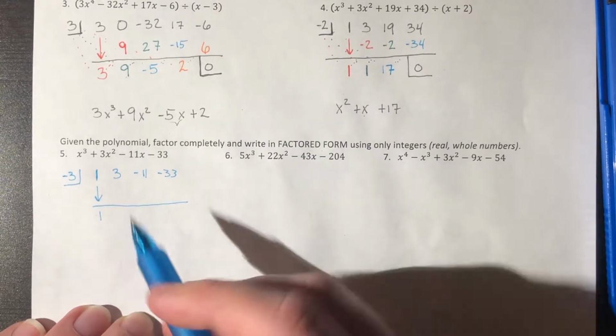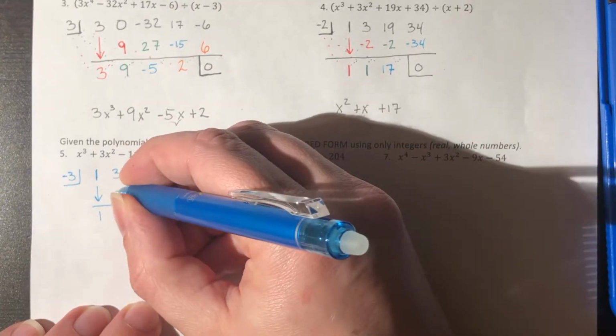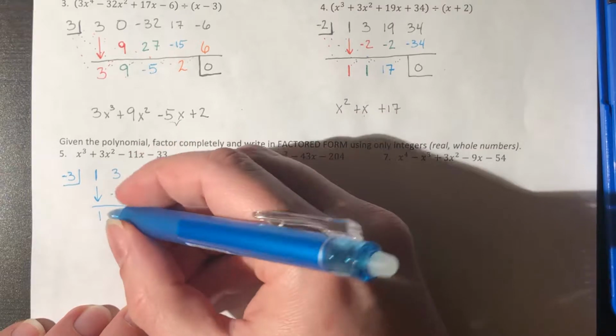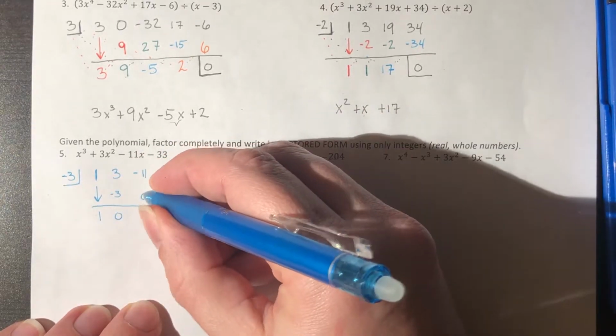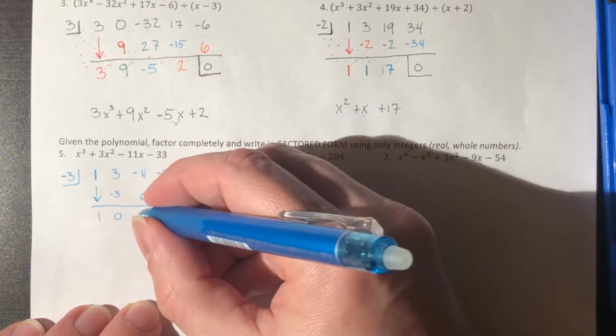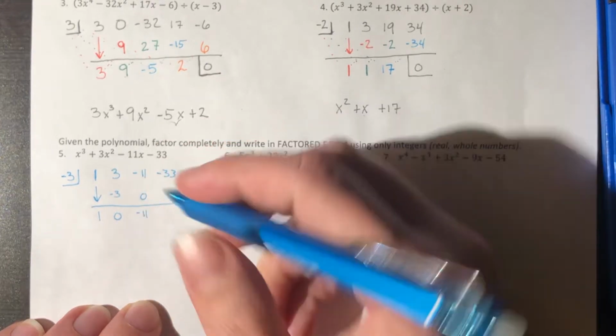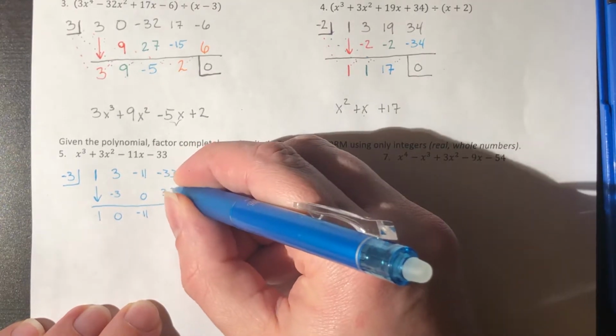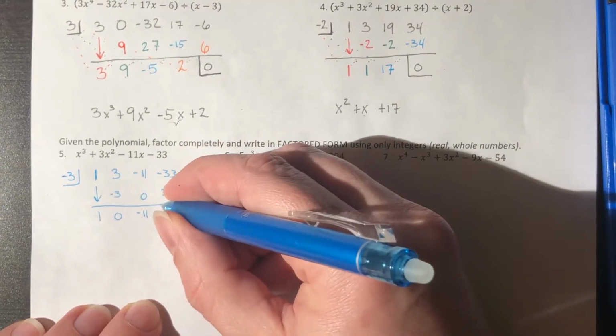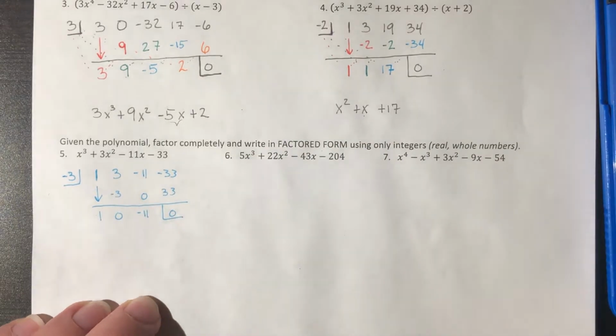So I multiply negative 3 times 1 is negative 3. Add those, and it's 0. Negative 3 times 0 is 0. Negative 11 plus 0 is negative 11. Negative 3 times negative 11 is positive 33, giving me a remainder of 0.